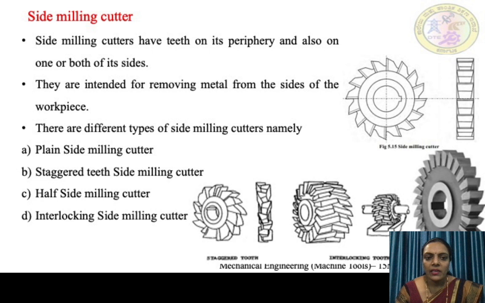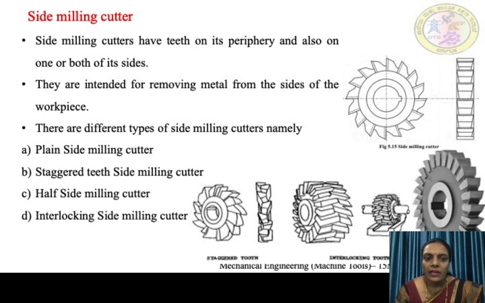Side milling cutters are used for removing metal from the side of the workpiece. These cutters have teeth on the periphery and also on one side or both sides. They are mainly used for removing material from the sides of the workpiece.